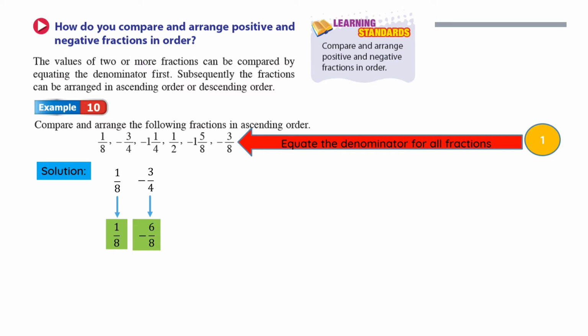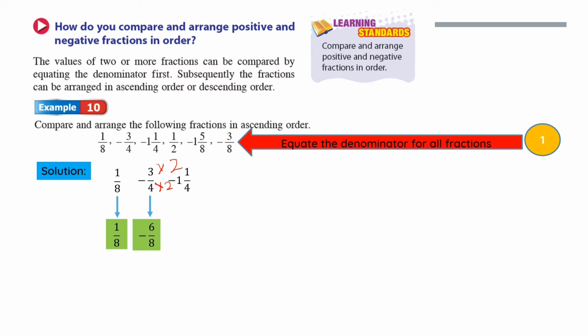We equate the denominator to be over 8, so we need to multiply 4 by 2. The same will be for 3, 3 multiplied by 2. This is how you get negative 6 over 8.